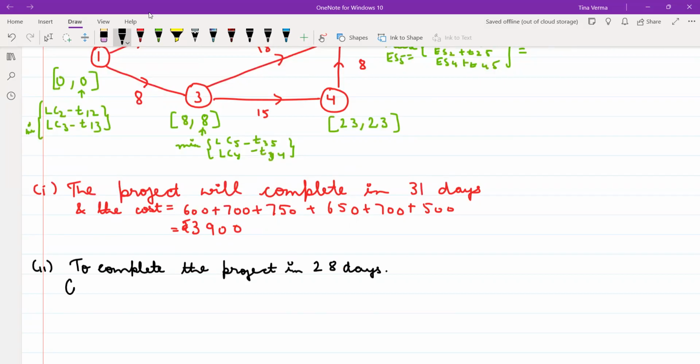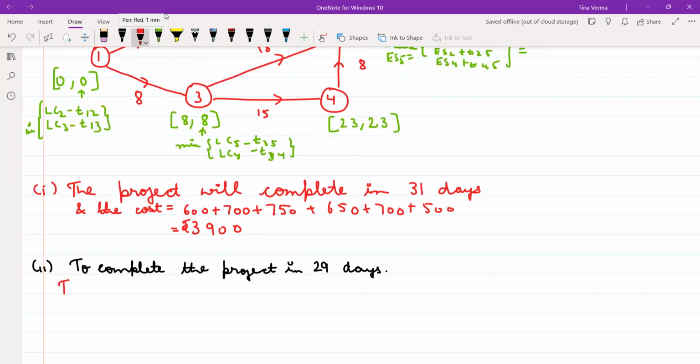I have to find the compression limit. 29 days. So if I have to reduce the number of days, you can reduce the number of days only from the critical activity, right? Critical activity means जहां पे आपका अर्लीस्ट स्टार्टिंग और लेटेस्ट कंप्लीशन सेम है. अगर आप दोनों का डिफरेंस करो वो किसके इक्वल आ रहा हो? टाइम ड्यूरेशन के इक्वल आ रहा हो, राइट?